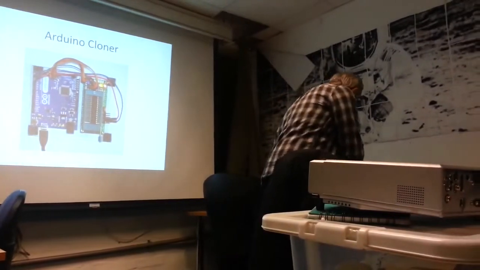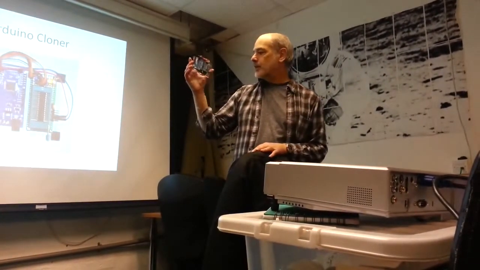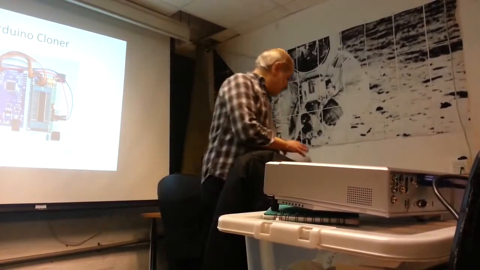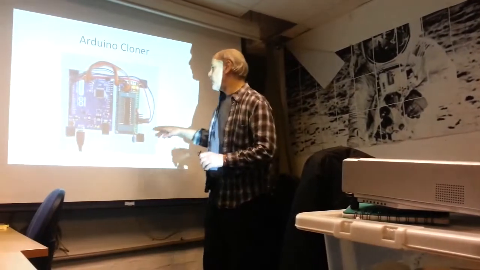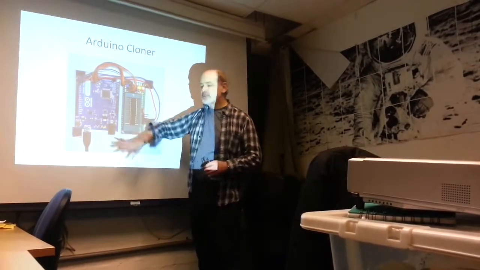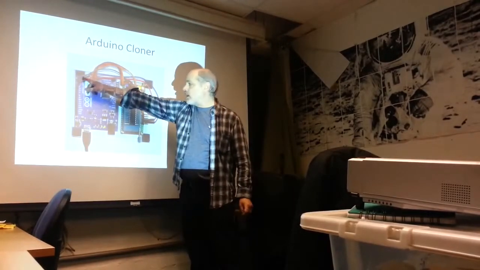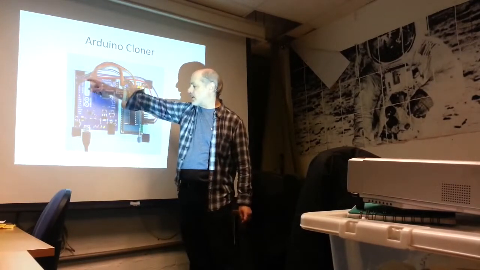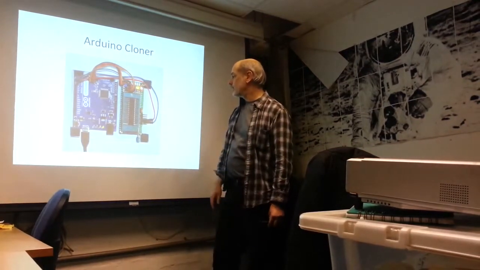I actually built this, I think some of you may have seen it last time, which is an Arduino cloner. And basically it's a little bit similar to the connection that we saw before. There's a standard Arduino board. I've chosen a Leonardo because the Leonardo has a hardware serial connection separate from the USB, and I'll explain why that is the case in a second.